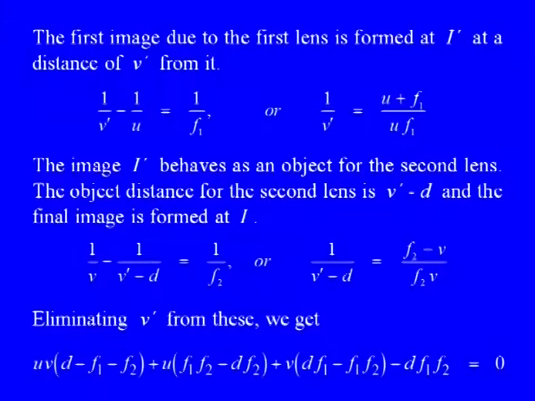Now, from these relations we eliminate v' and we get a relationship like this: uv multiplied by (d minus f1 minus f2) plus u multiplied by (f1 f2 minus d f2) plus v multiplied by (d f1 minus f1 f2) minus d f1 f2 equal to 0.